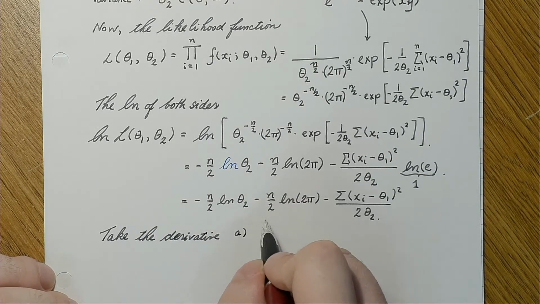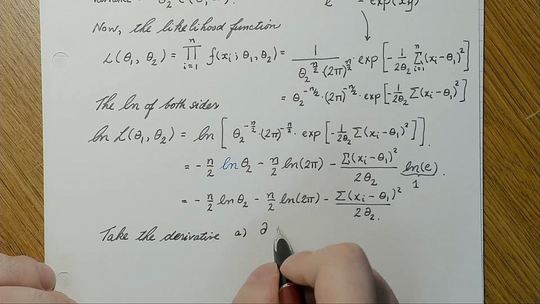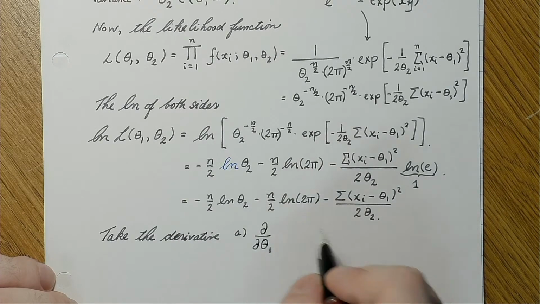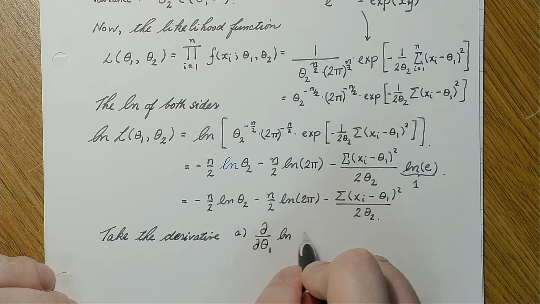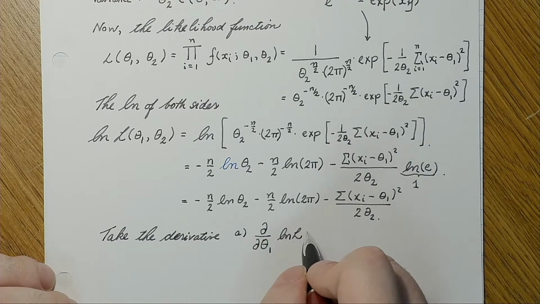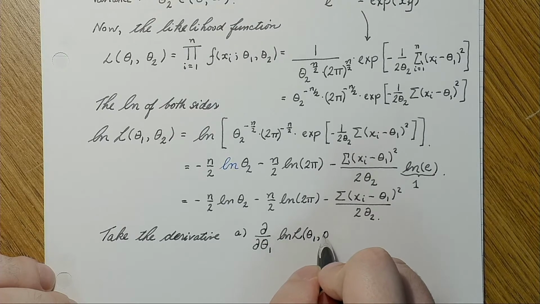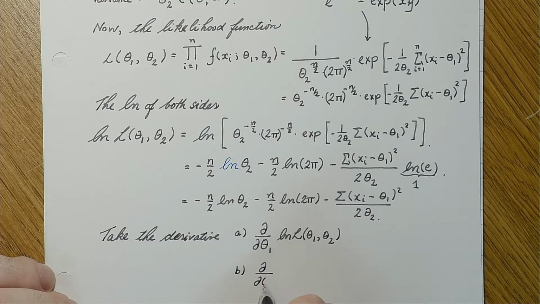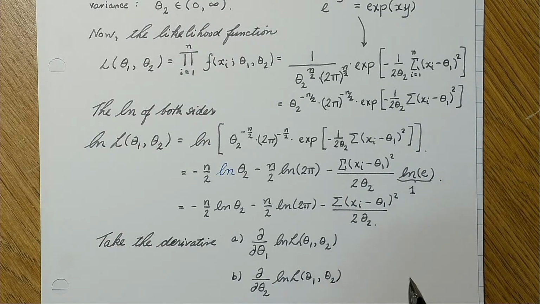I'll have to take the derivative with respect to theta 1 of ln of L, and I also have to take the partial derivative with respect to theta 2, and then I would have to set it equal to 0 and solve for it.